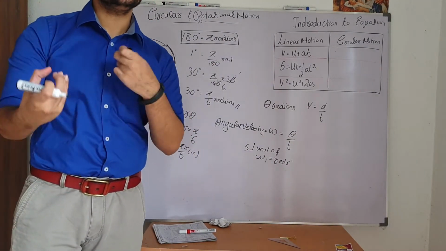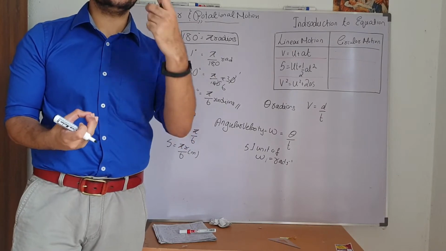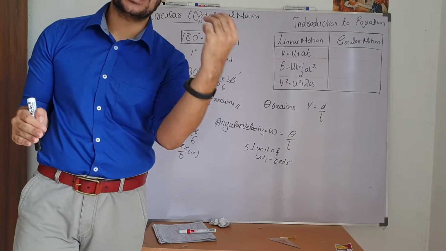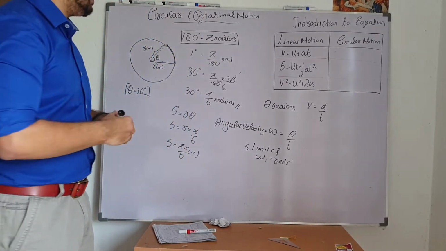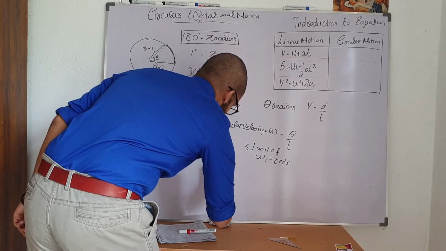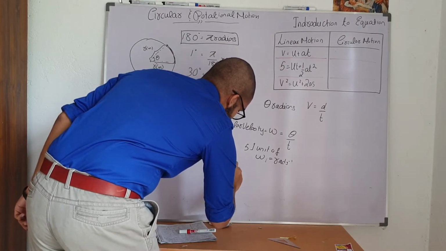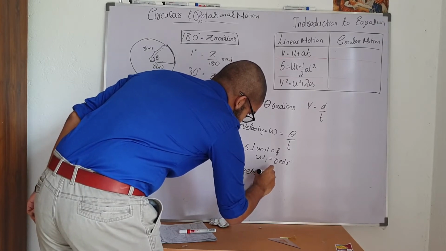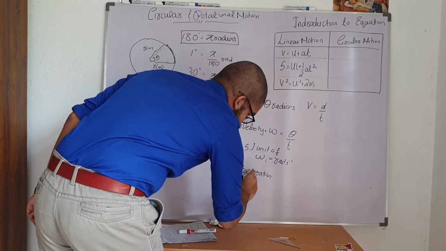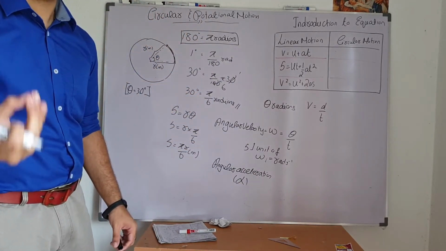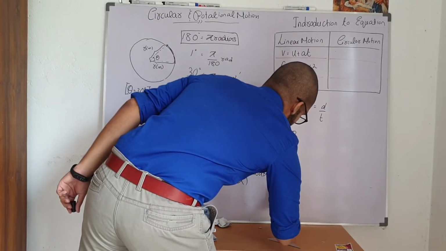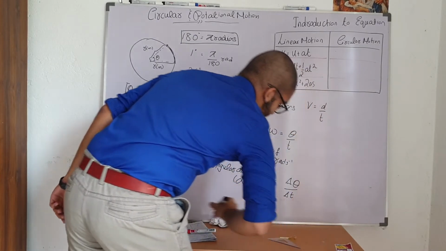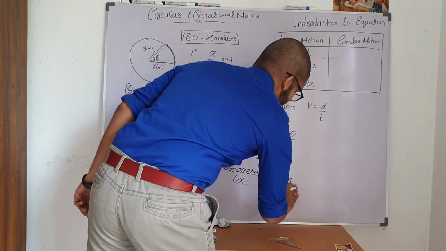Now what about angular acceleration? Angular acceleration is also the same thing. Basically linear acceleration equals the rate of change of velocity over time. So angular acceleration means the rate of change of angular velocity by time, right? Alpha is how we denote angular acceleration, equal to delta w over delta t.